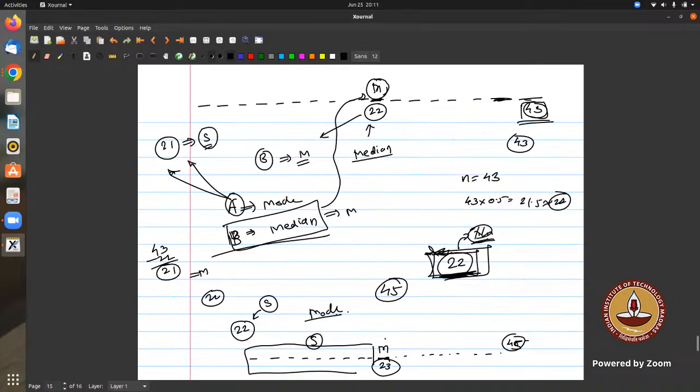No. Initially the mode was S, right? Now also, because 22 players are having S size. 45 minus 22 means 23. And initially, 43 minus 22 is 21.